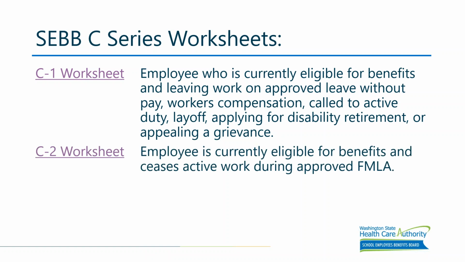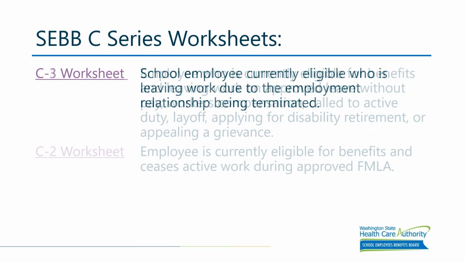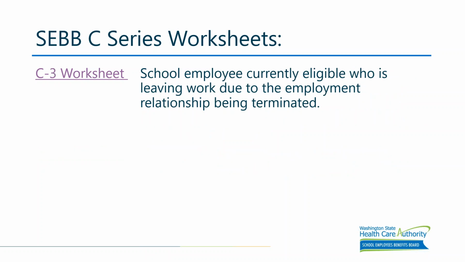We have our C2 worksheet. This is for an employee who is currently eligible for benefits and they cease active work during an approved FMLA. We have our C3 worksheet for a school employee who is currently eligible and is leaving work due to the employment relationship being terminated.